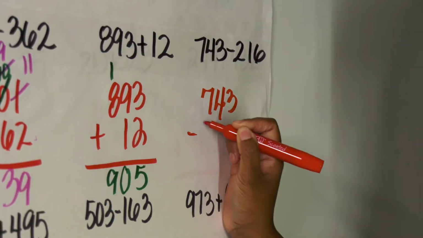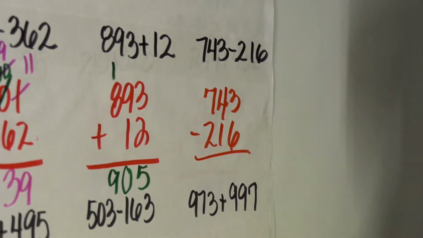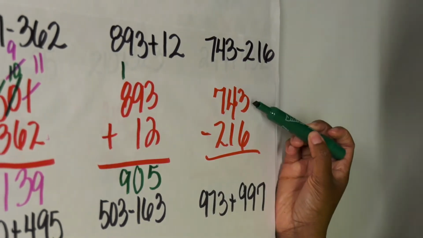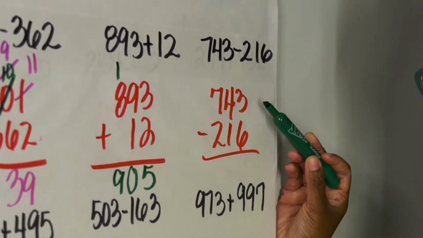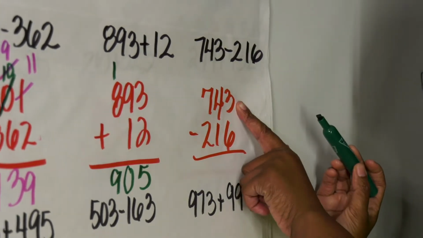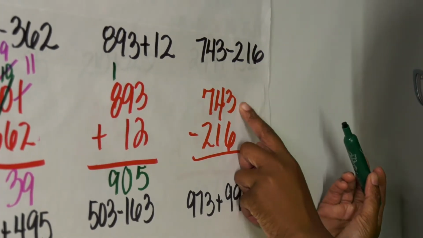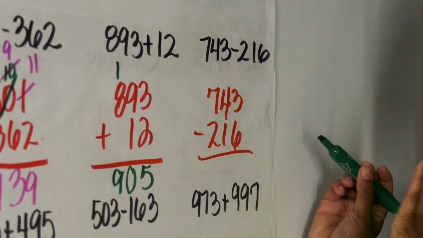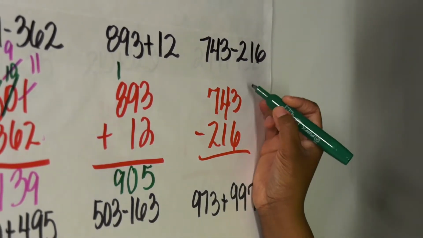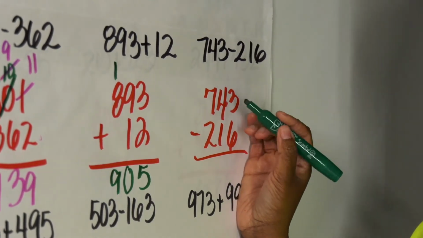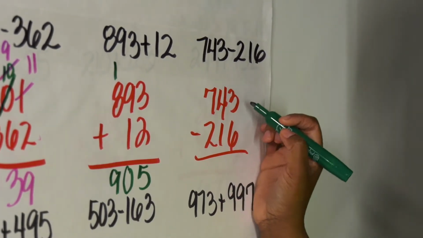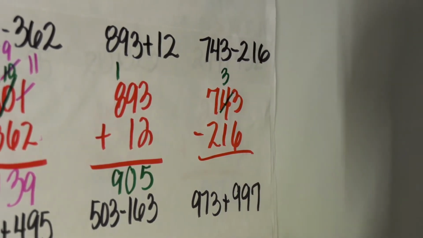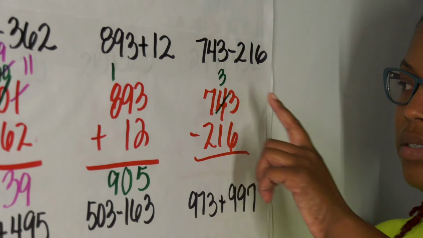743 minus 216. Start with your ones place. 3 minus 6 you cannot do because 3 is smaller than 6. This value has to be bigger than the bottom value in order for you to just subtract straight across. So we'll move over. 4, we can borrow 1, and that turns into a 3.